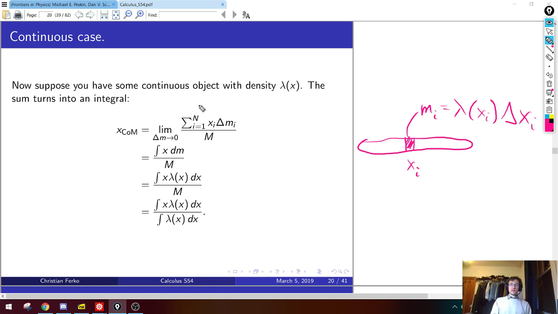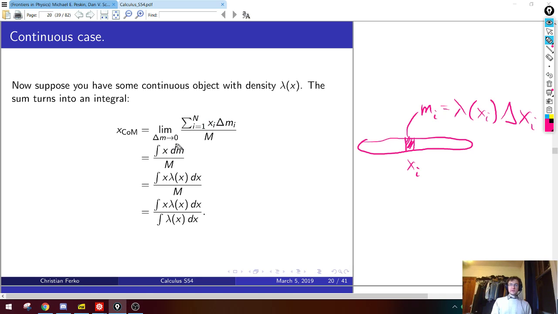What I want to do is add up all of the positions x times the masses, which here I'm writing delta m, or in other words, delta m could be lambda times delta x. In the limit, as we take the little masses very, very small, delta m goes to 0, we can write the top as the integral of x dm.